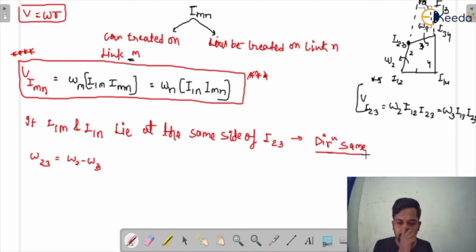It would be easy to understand when you consider an example. When we solve the example, it would be easy to understand what I'm going to say.